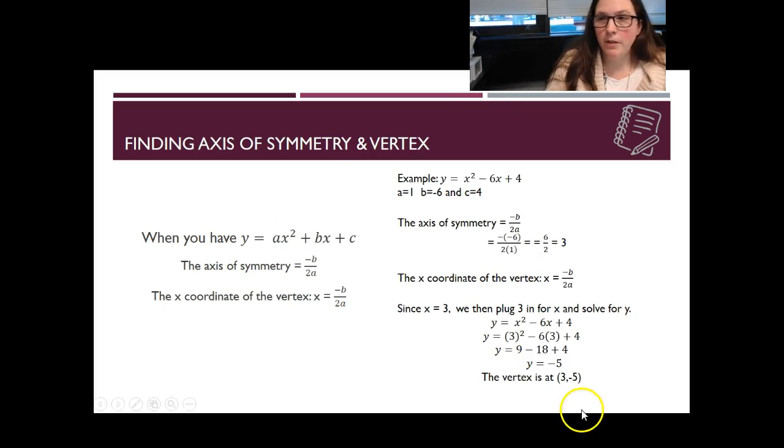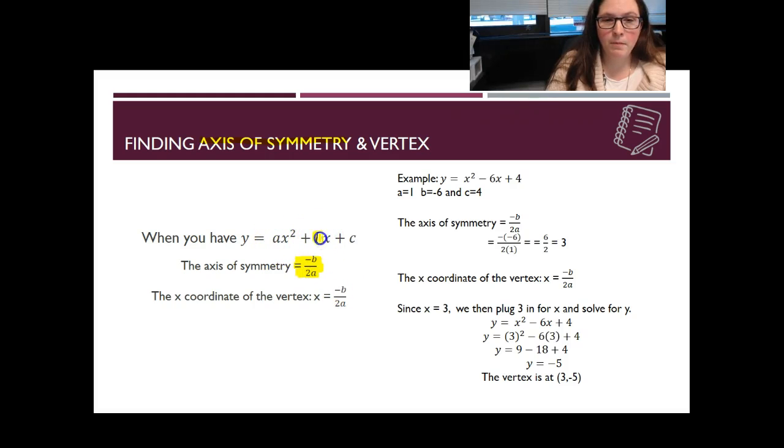Okay, so here's where it starts to get a little bit more complicated. There's some great examples that I'll walk you through in the additional problems, but here are just kind of your notes. You need to be able to find an axis of symmetry when you're taking this quiz. So to find your axis of symmetry, what you're going to do is use this equation here, which is -b over 2a.